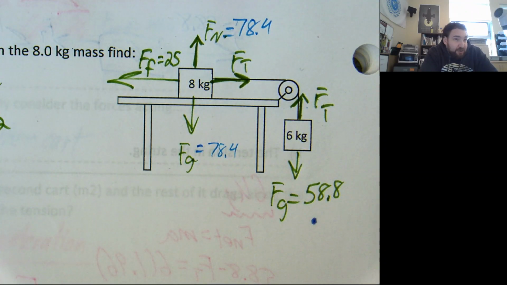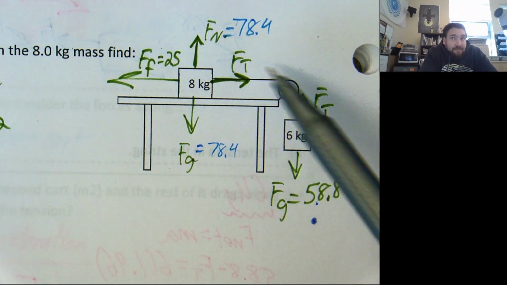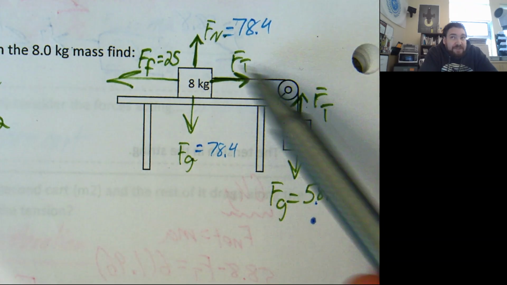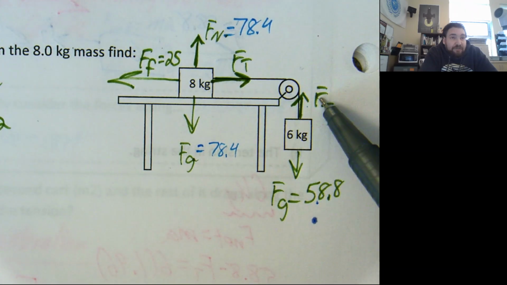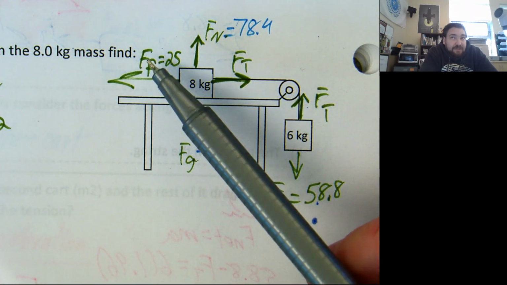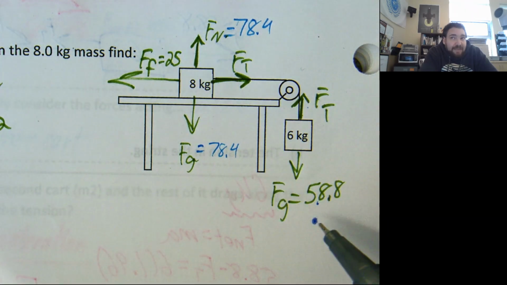So if we wanted to determine if this thing was going to move, what should we be comparing? These two are going to be equal and opposite, so these two are going to cancel each other out. All we're concerned about is this guy and this guy.